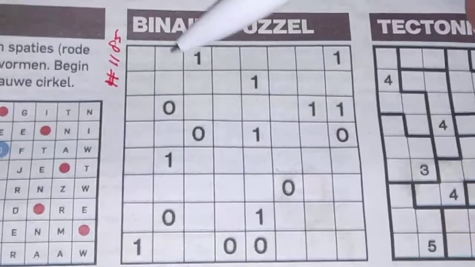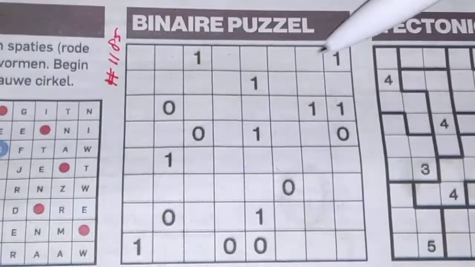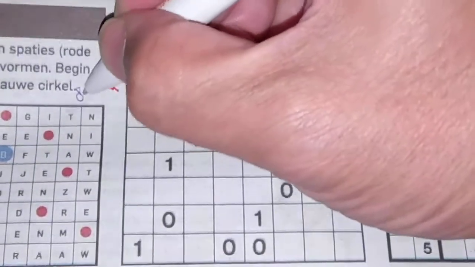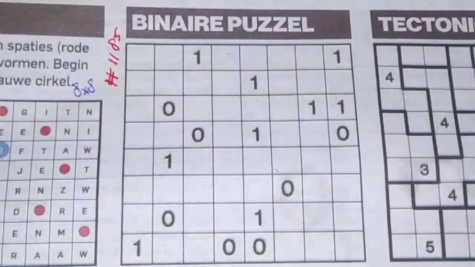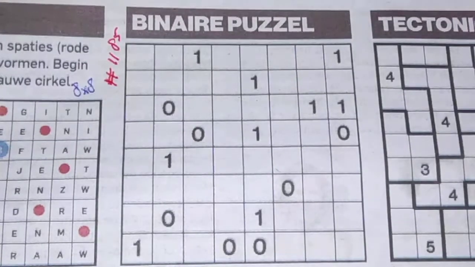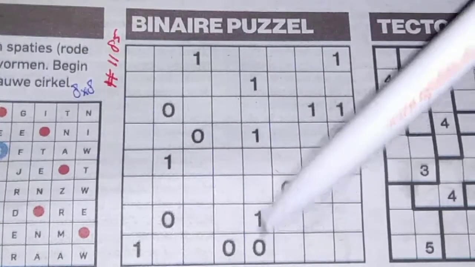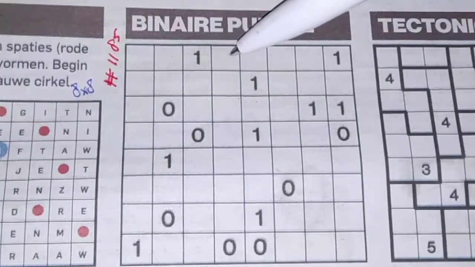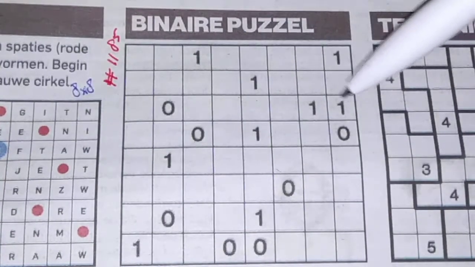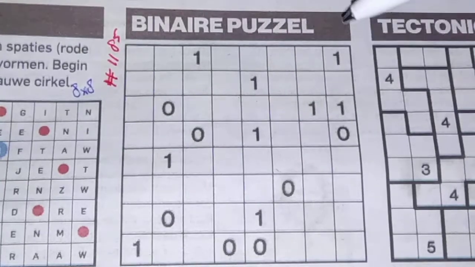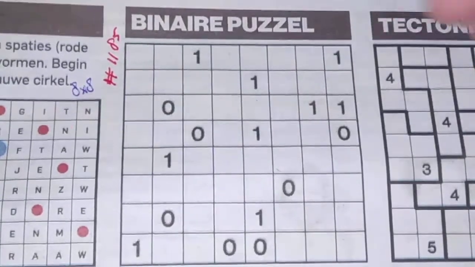Let me count: 1, 2, 3, 4, 5, 6, 7, 8. It's an 8 by 8 binary puzzle. That means in a row or in a column there are always 4 ones and 4 zeros. So let's get started.